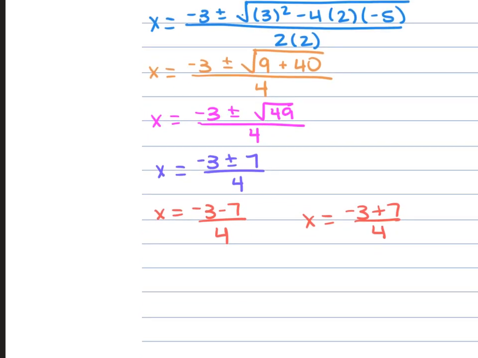So simplifying this even further, you have x is equal to negative 3 minus 7, that's going to give us x is equal to negative 10 over 4. And then we have x is equal to negative 3 plus 7, which is 4 over 4. We're simplifying this even further, so x is equal to negative 5 over 2, and x is equal to 1.